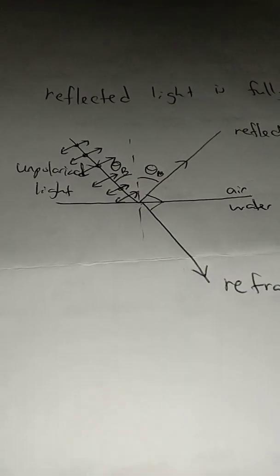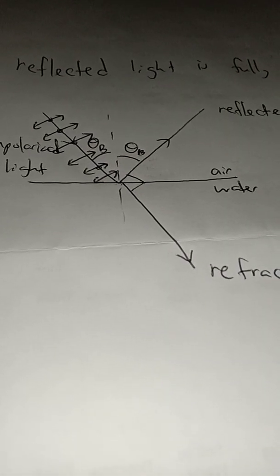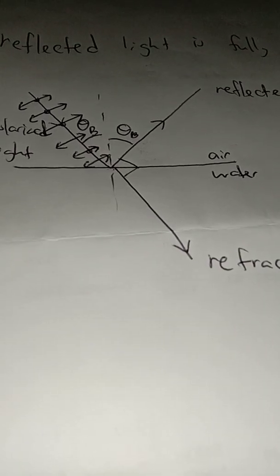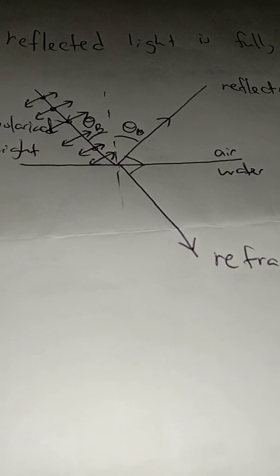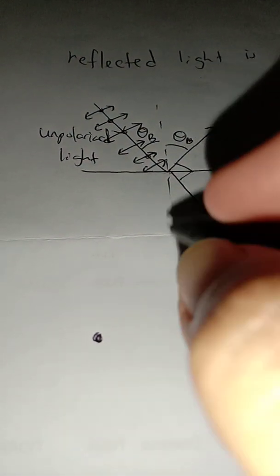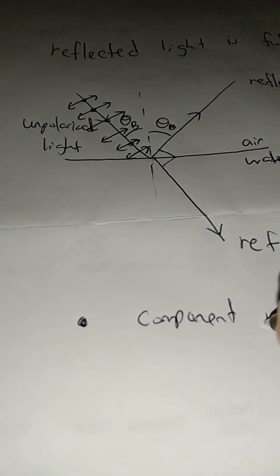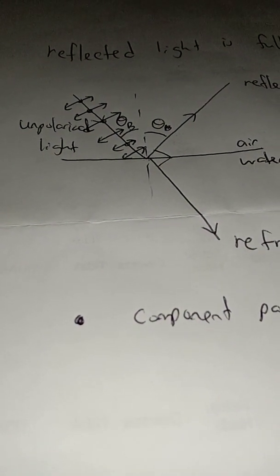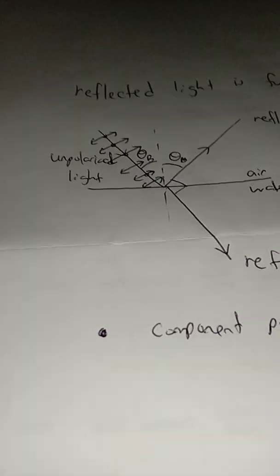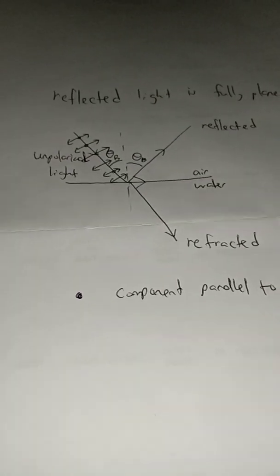The meaning of dot and the meaning of arrow. Okay, so we have dot. Dot is the component perpendicular to the page, and then we have arrow like this.